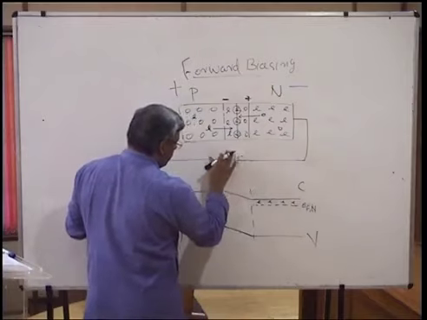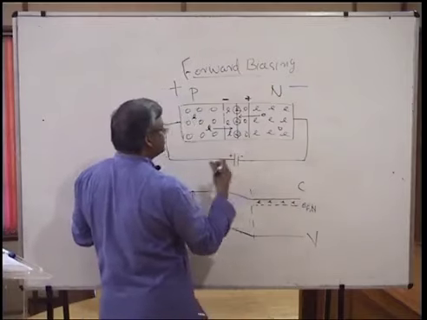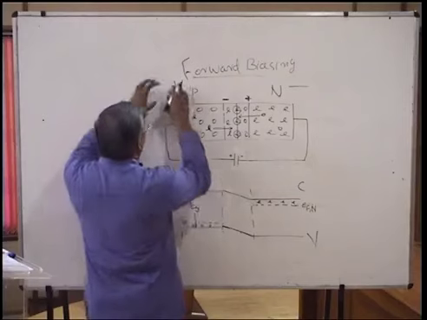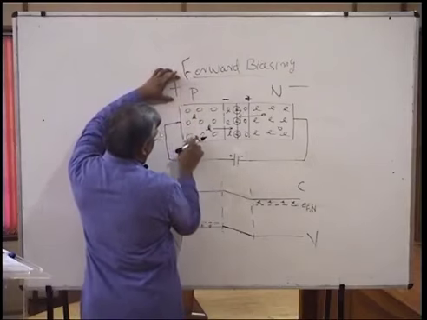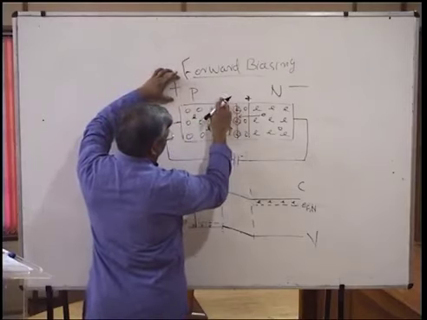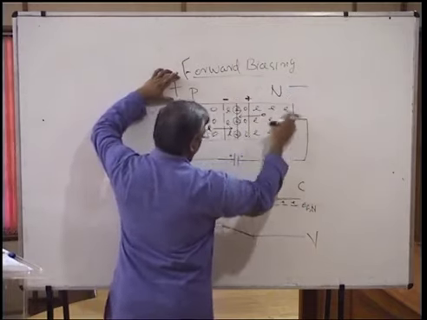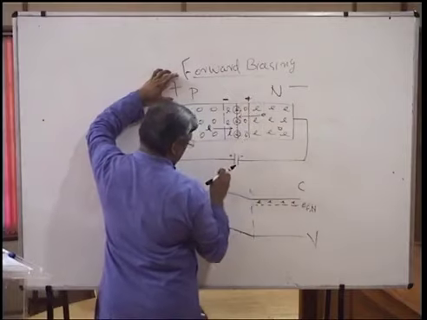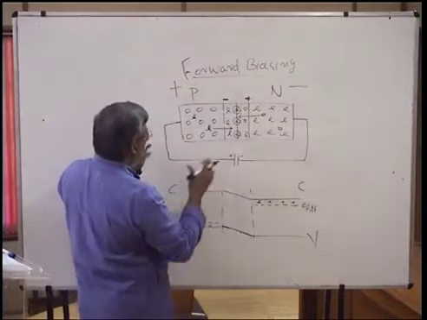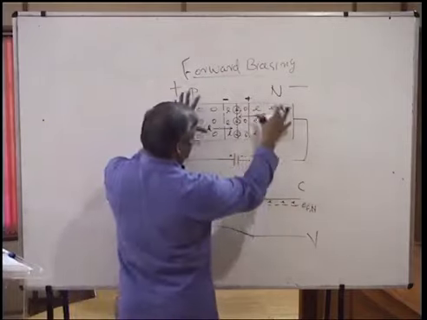But when you give an external bias, this balance is broken. You're giving a very high positive potential to the P region, where of course the internal potential is negative, and a very high negative potential to the N region, where you have a positive internal potential. Now, how does this external bias work on the system? That is the question.